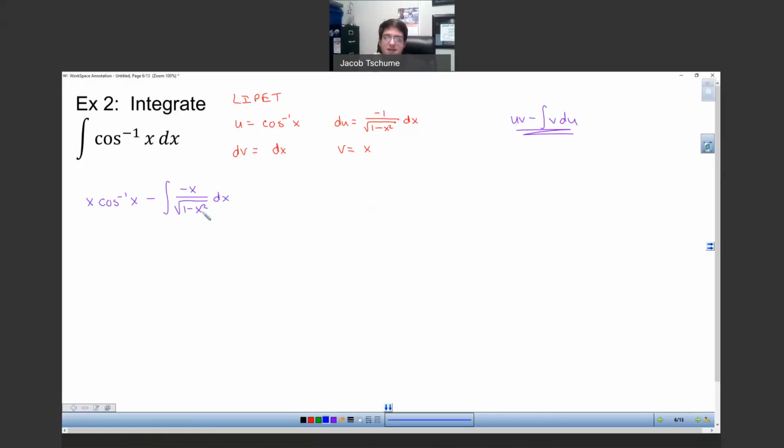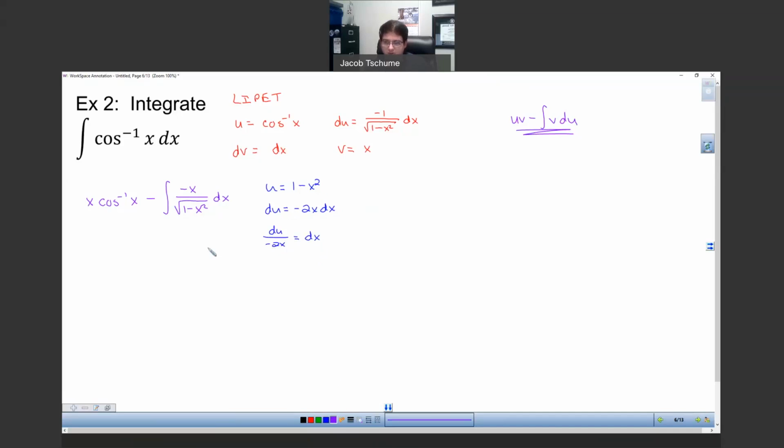integration by parts again, but now you can go back and do u substitution. So for your integral, if you let u be 1 minus x squared, then du would be negative 2x dx, and du over negative 2x is dx.